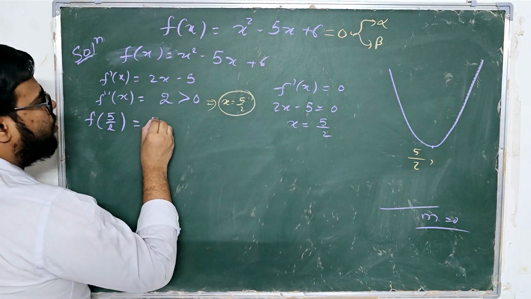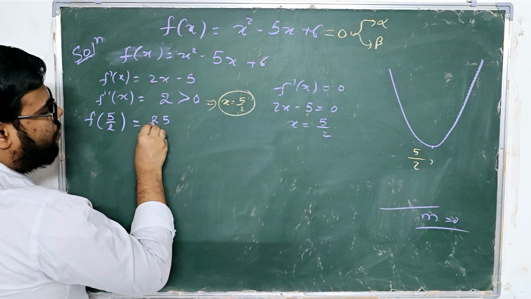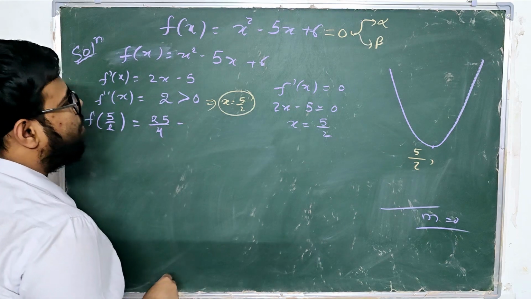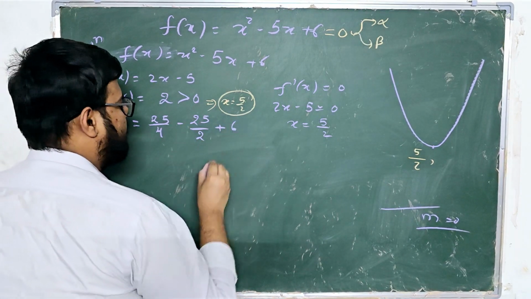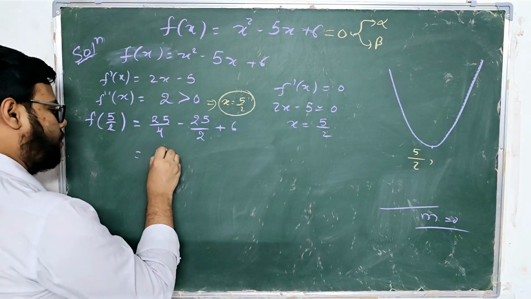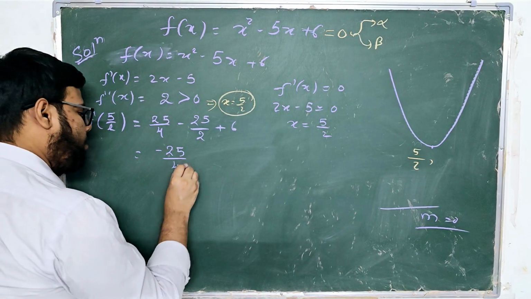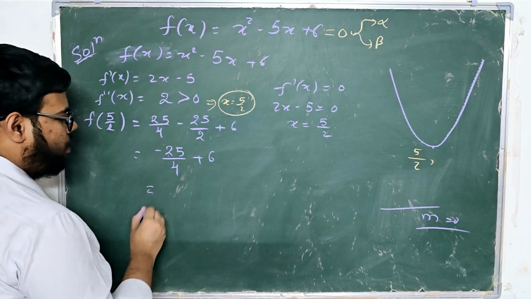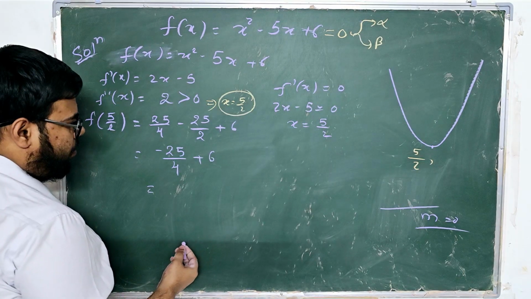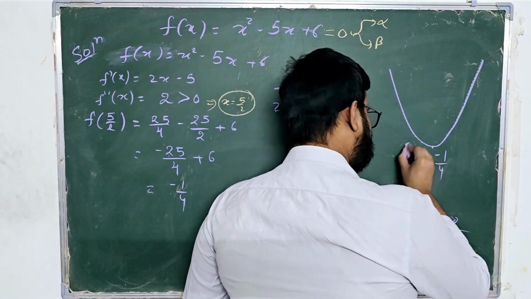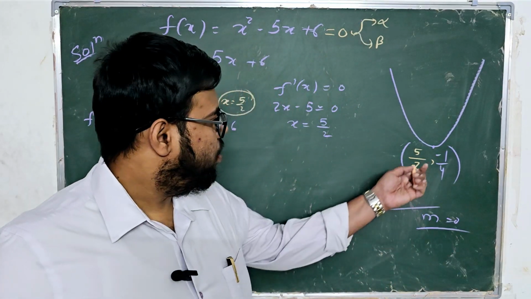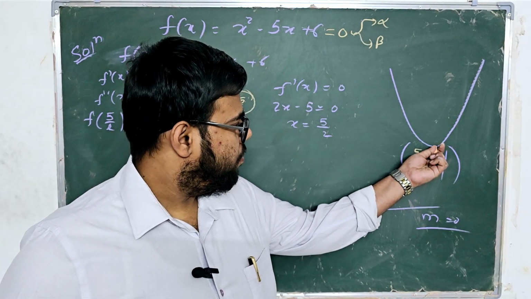It will be equal to (5/2)² is 25/4 minus 25/2 plus 6, right? So you will get negative 25/4 plus 6, and you will get from here negative 1/4. Okay. So this is the point, the minima.